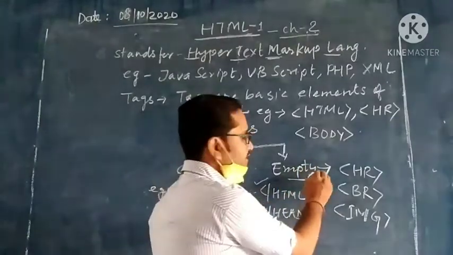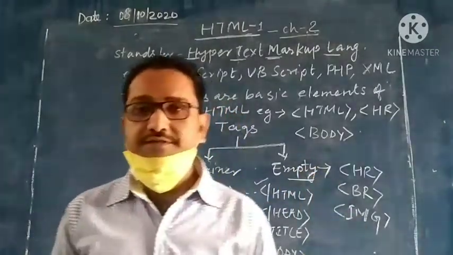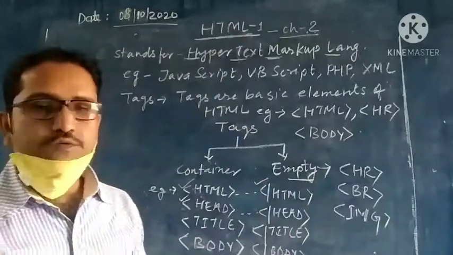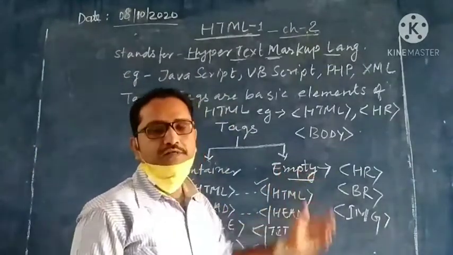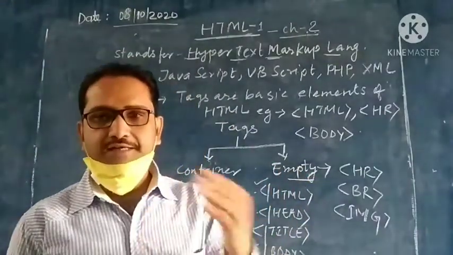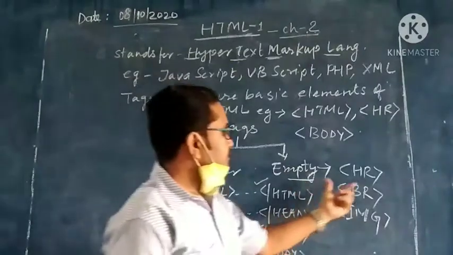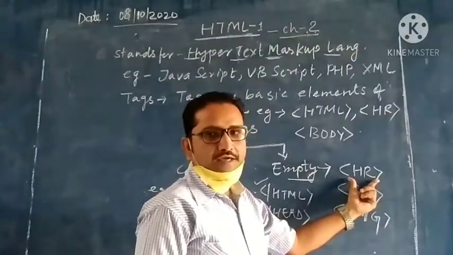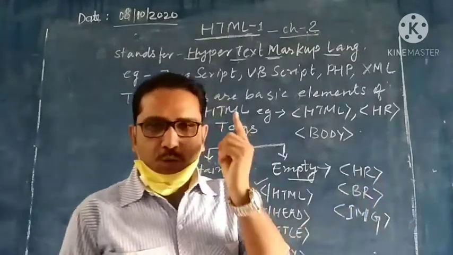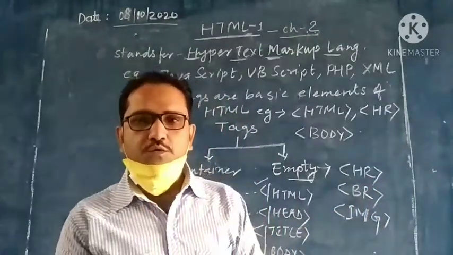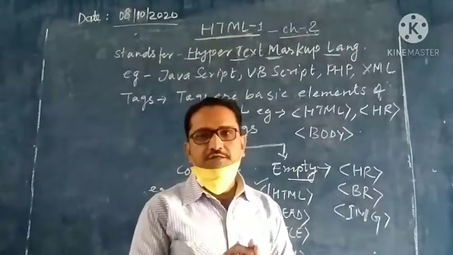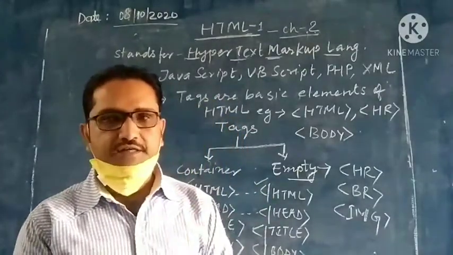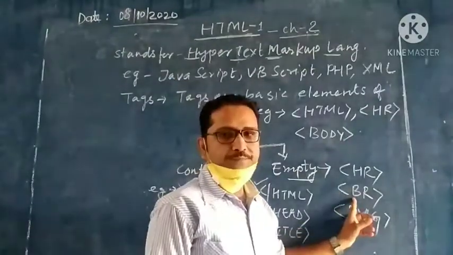Now the empty tag. An empty tag means a tag which has opening but no closing tag attached. That means HR. Whenever we write HR, it is opened but not closed, because HR is an empty tag. Like that, BR.